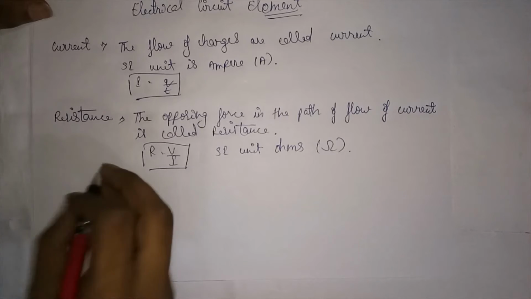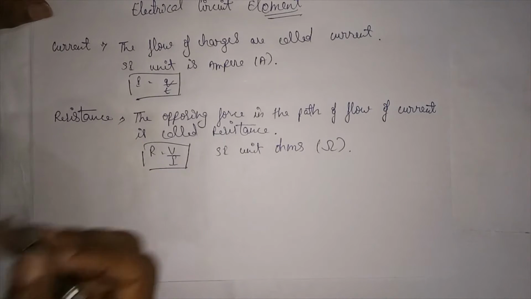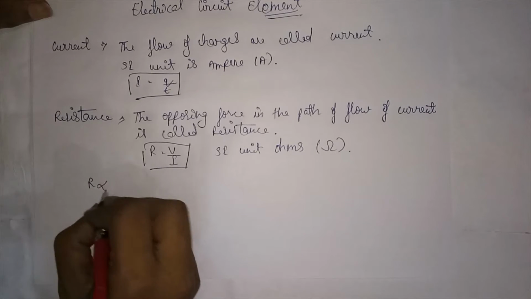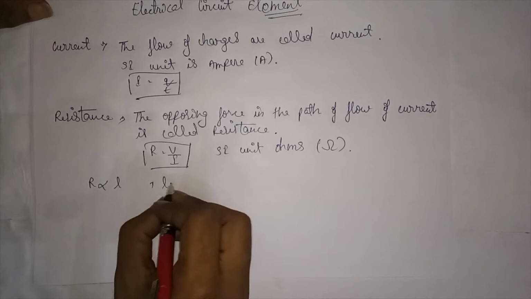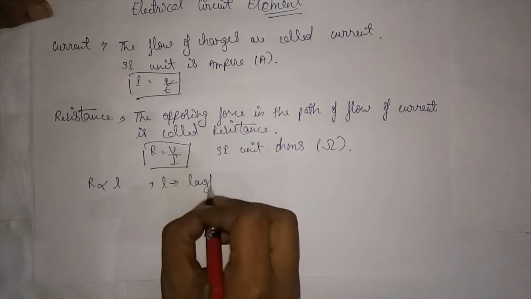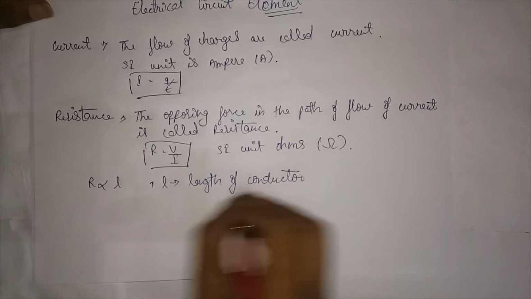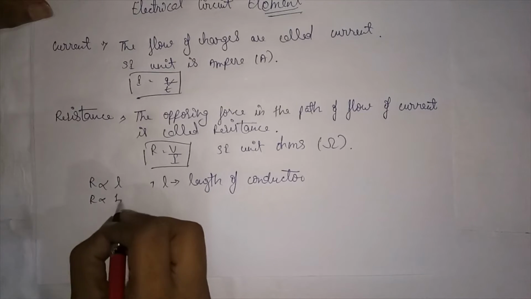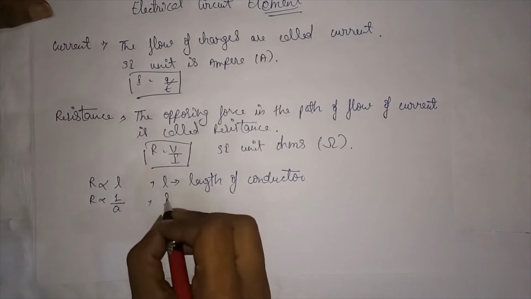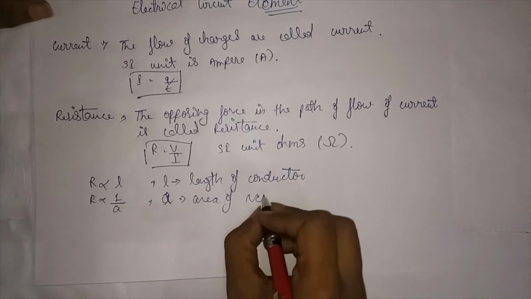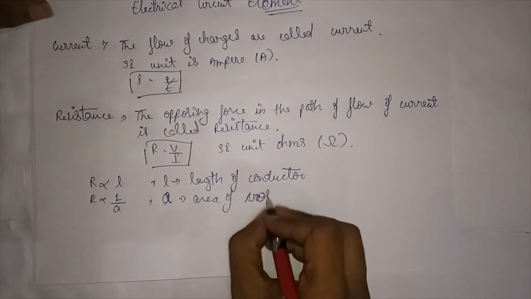Okay, now moving deeper into resistance, R is directly proportional to L, where L is the length of the conductor. R is inversely proportional to 1 upon A, where A is the area of cross section.